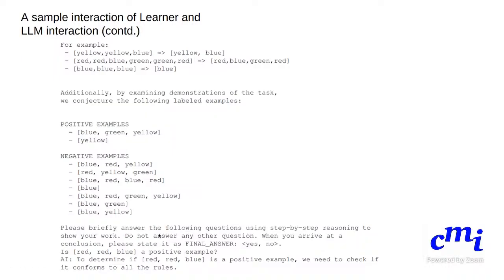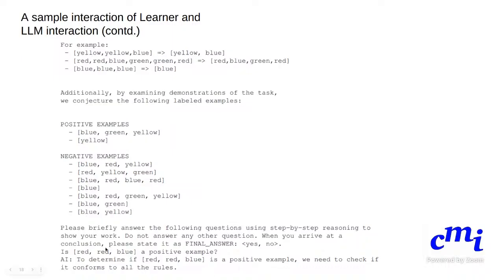It is amusing to see the "do not answer any more questions" here. But when you arrive at the conclusion, please answer. This is how we are telling it. In this interaction, they have only given the LLM the final liberty to say yes or no. In the experiments, they give both yes/no, and yes/no/unsure, to compare which one is better.